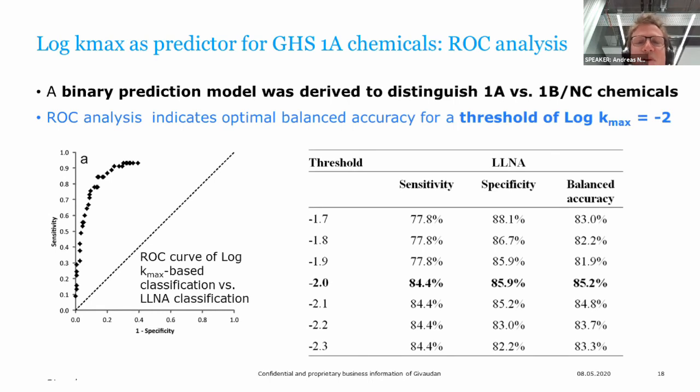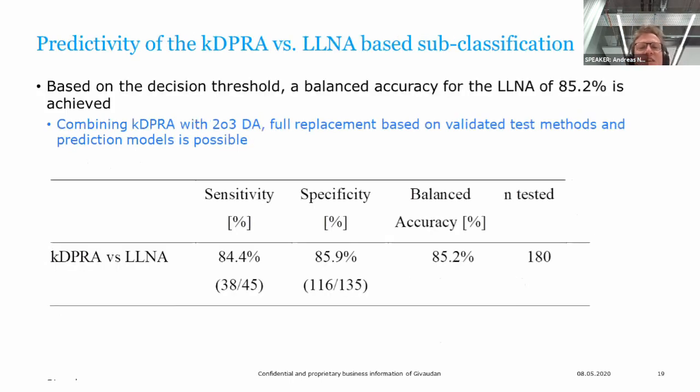Of course, this is a completely different unit and something completely different, but by chance the number is also 2, and this gives the best predictivity, so we can detect 84% of the 1A sensitizers, and the specificity is in a similar range on these 180 chemicals.